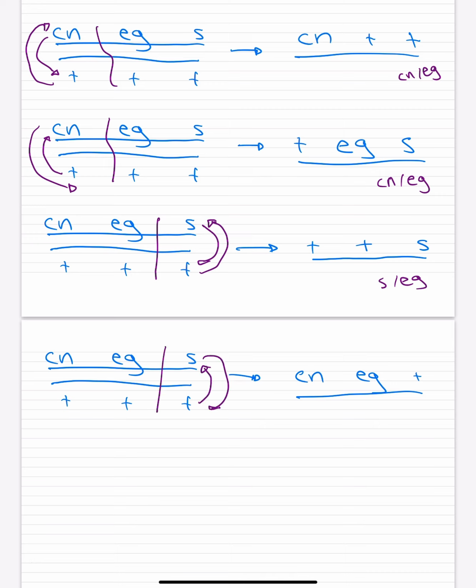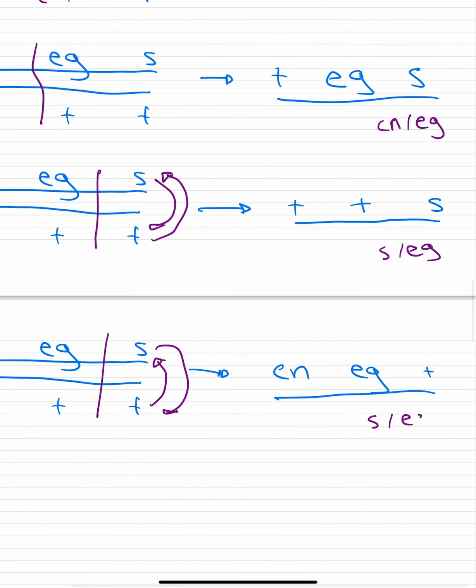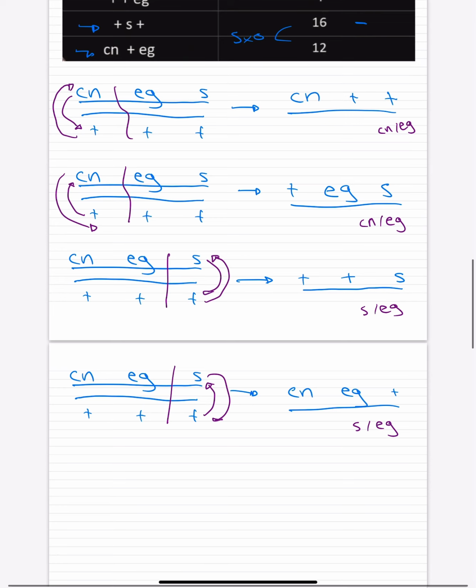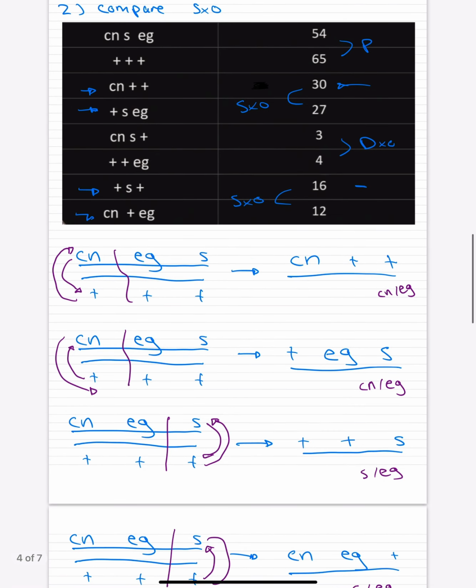So it's a crossover occurring between EG and S. Now we have identified which of these chromosomes or genotypic expressions are associated with each crossover.